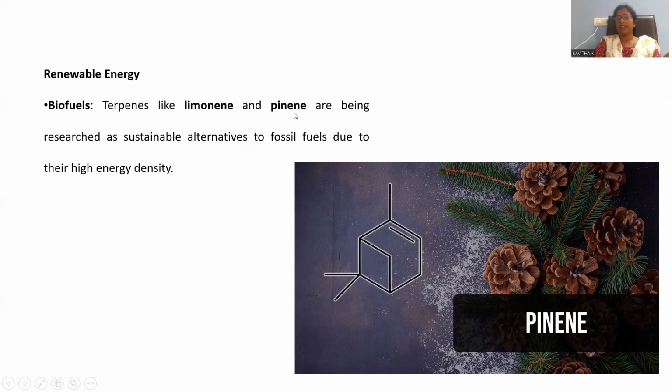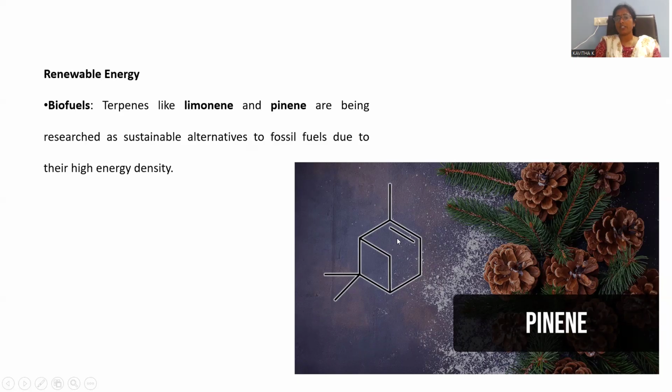And here is the pinene. Alpha pinene has a 6-membered ring and another 4-membered ring, with gem-dimethyl groups and an endocyclic double bond.